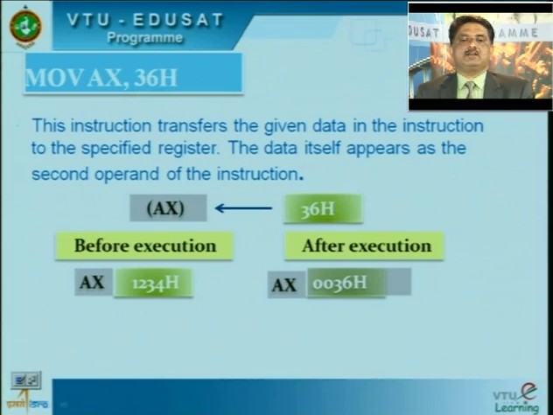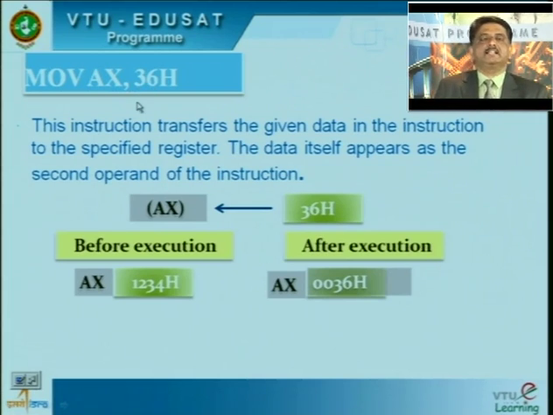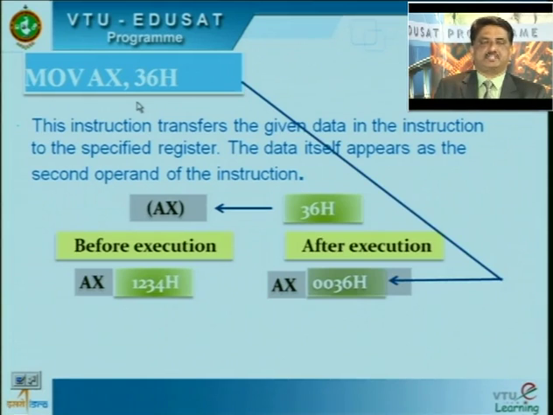So the value 36H gets copied onto AX as 0036H. So an immediate data gets copied onto AX in this instruction. Since I am using an immediate operand in my instruction, this instruction falls into the category of immediate addressing mode based instruction.